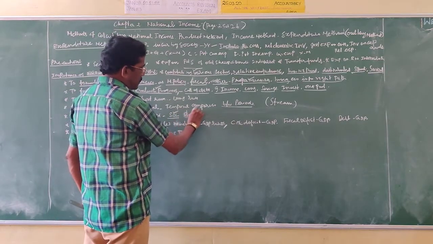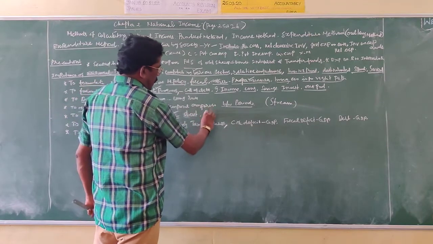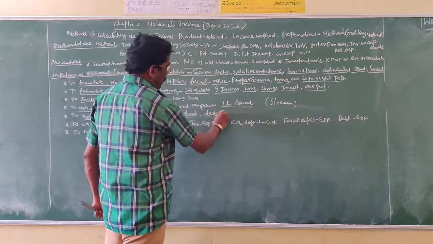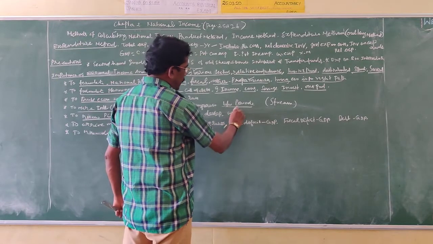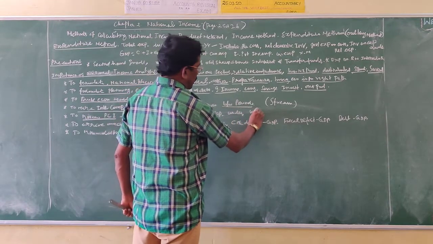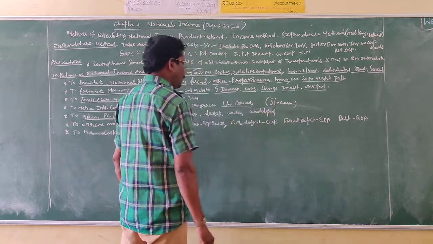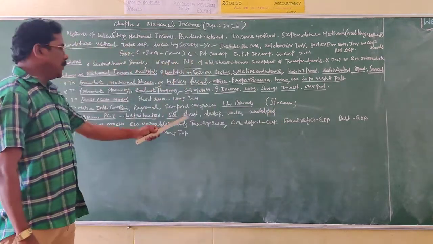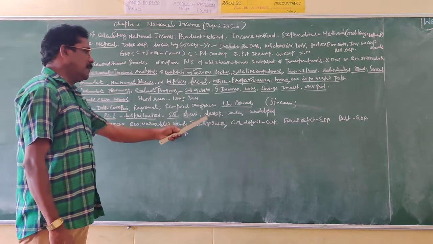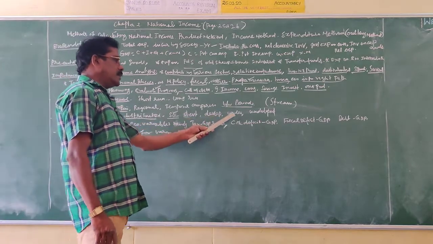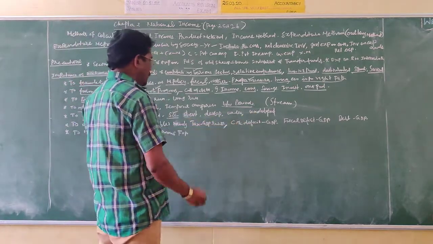Developed countries, then developing countries, and underdeveloped countries and undeveloped countries. The countries are classified as developed, developing, undeveloped and underdeveloped countries.